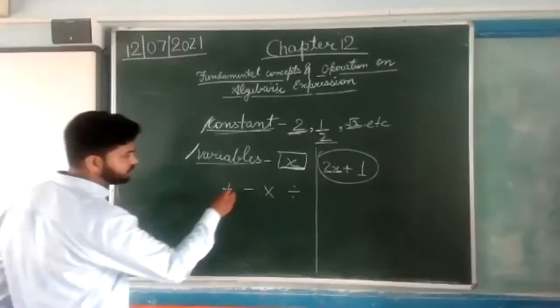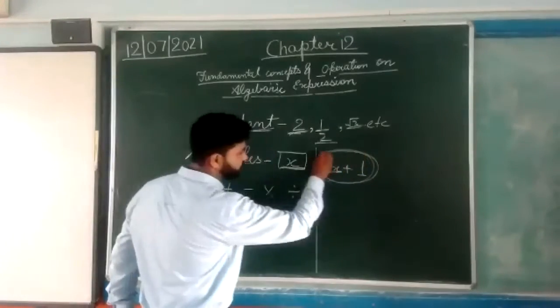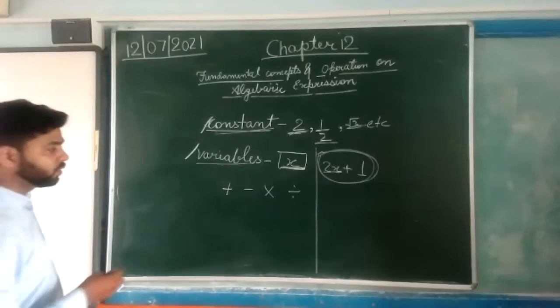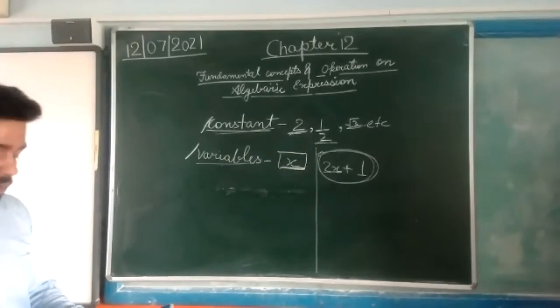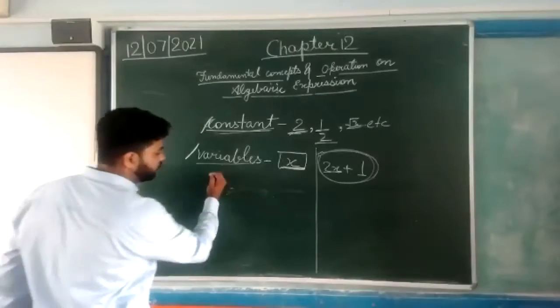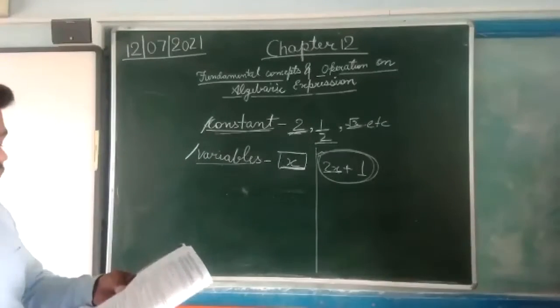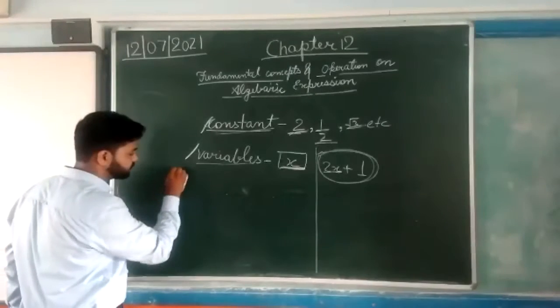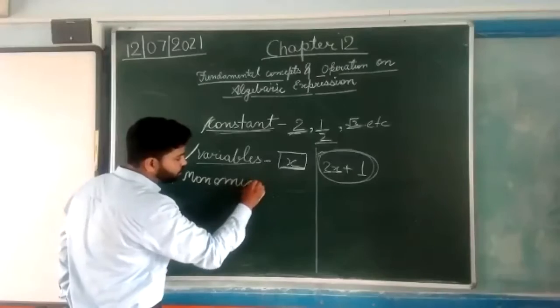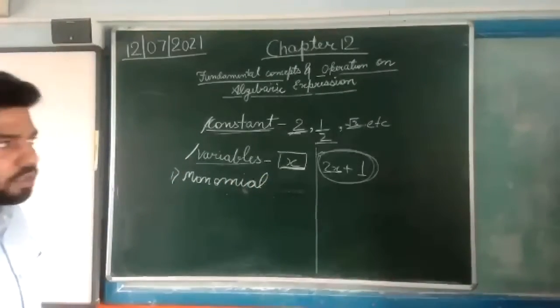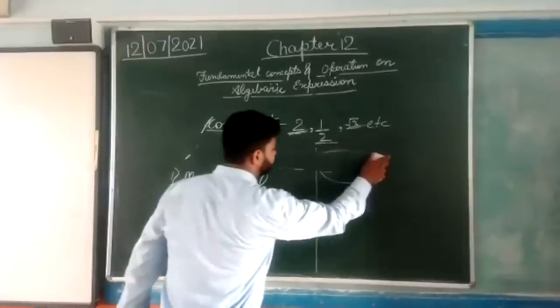So, algebraic expression is the combination of variable and constant. Depending upon this, there are many things. First of all, we will find various types of algebraic expression. The first expression is monomial. What is monomial?